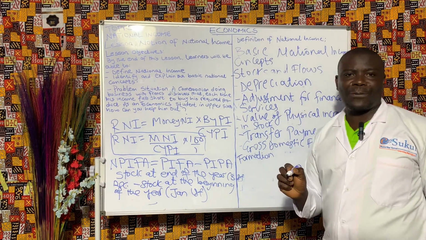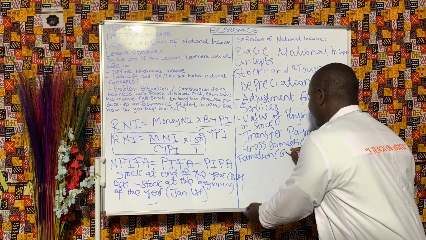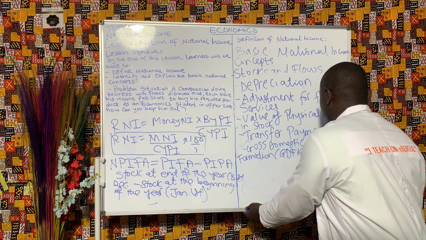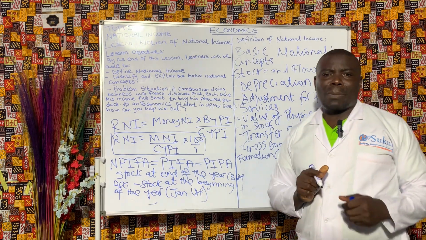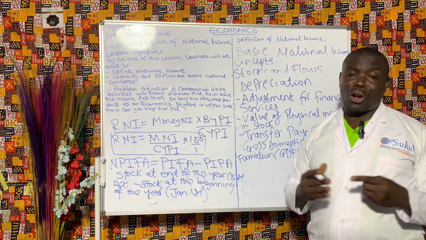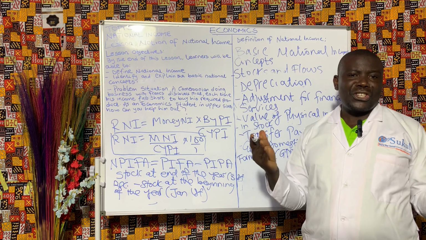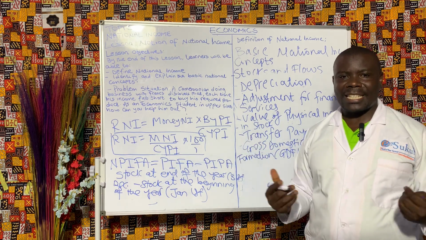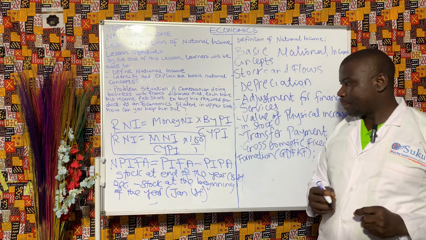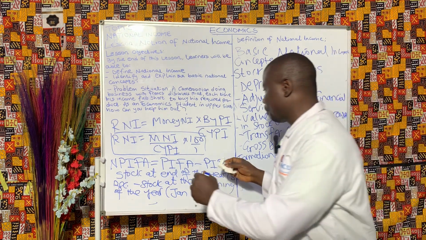Gross domestic fixed capital formation. Gross domestic fixed capital formation is the total spending on newly created fixed capital goods plus new residential houses constructed within 1 year. We look at it using the formula.